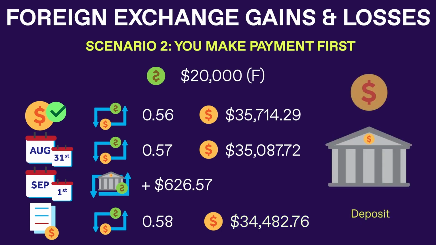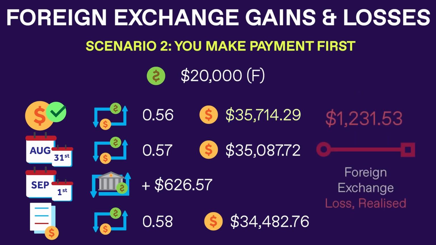We would have a deposit though of $35,714.29, but that leaves a difference of $1,231.53, which is a foreign exchange loss, and that is realized because the amount we have paid originally is greater than what we would need to have paid that invoice as at the date of raising the invoice.